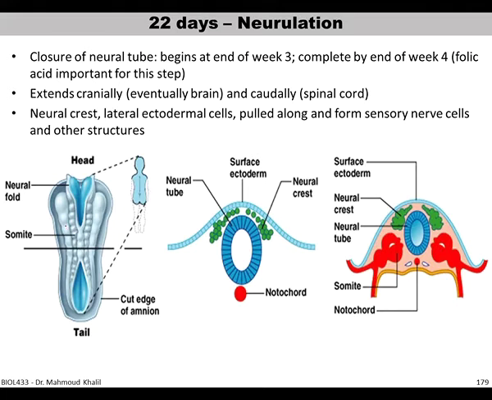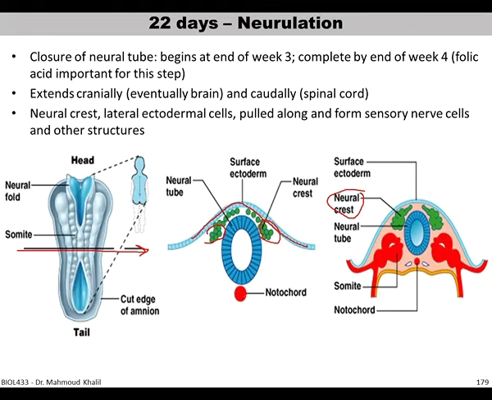The neural crest is the lateral part of the neural plate; lateral ectodermal cells are pulled along and form sensory nerve cells and other structures. So you can see here from the figure, if you take a section from a developed embryo, you can see that the neural tube has already formed, which is covered totally by the surface ectoderm, and the neural crest has been pinched off from the connection of the neural tube to the surface ectoderm, and the notochord is lying beneath.